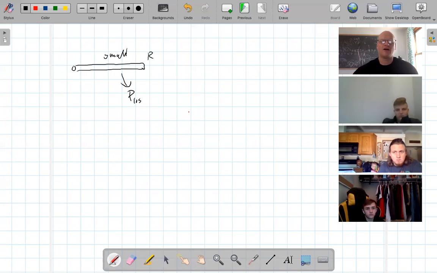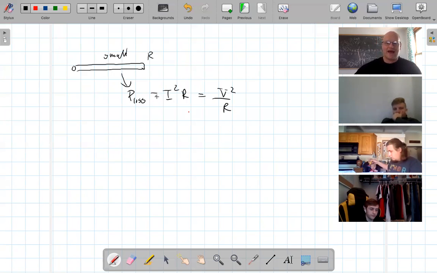So the power which is lost inside the wire is simply going to be the current running through it squared times the resistance, or again equal to the potential squared divided by the resistance. Which means that if I have a pretty high current running through a wire, that wire is going to get very hot.